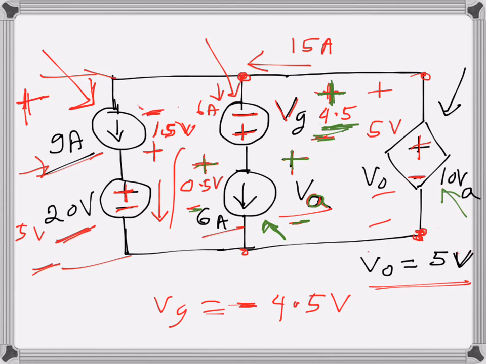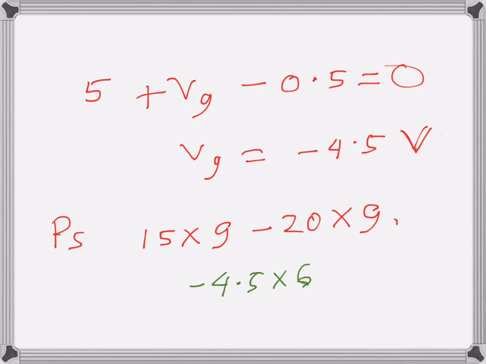I probably forgot to put the negative sign here, but the positive sign was there. But we have to just remember that this voltage polarity had to be given, because this is the control voltage of this dependent voltage source. But anyway, this is 0.5 here. So in the direction of the current, there is a voltage drop, so this source is also dissipating power, basically 6 times 0.5.